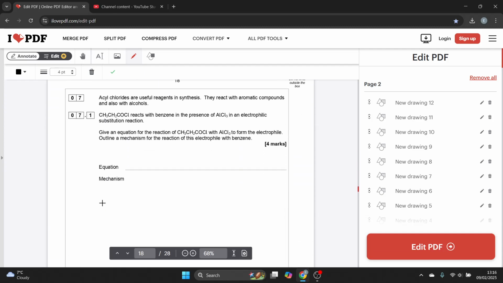Given the equation for reaction of this with AlCl3 to form the electrophile, name the mechanism.